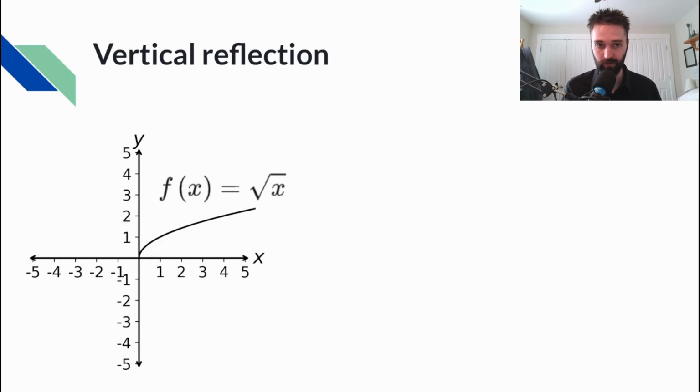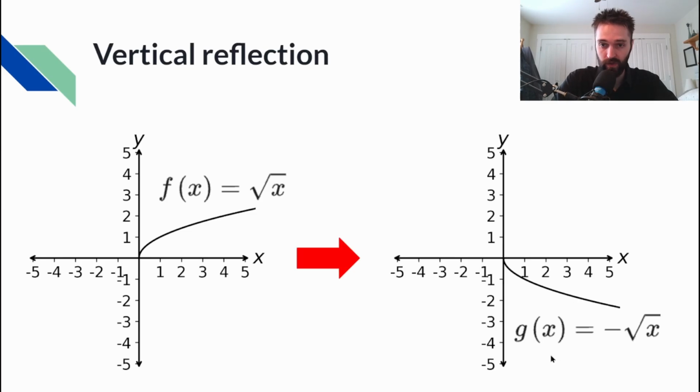Let's look at an example. Here's the function f of x equals the square root of x. The question is, what does the function g of x equals negative square root of x look like? We're slapping a minus sign in front of this original function to get this new function g, which means that it's a vertical reflection through the x-axis.